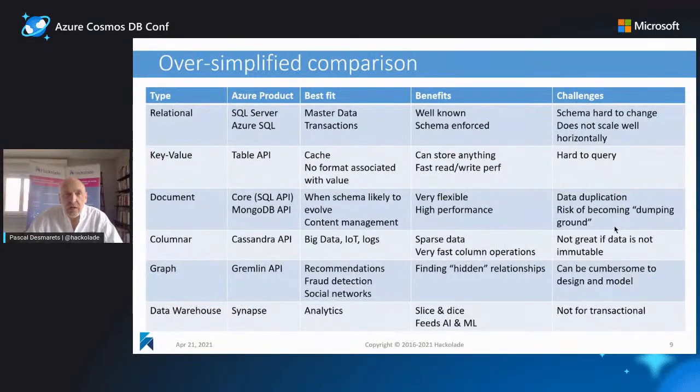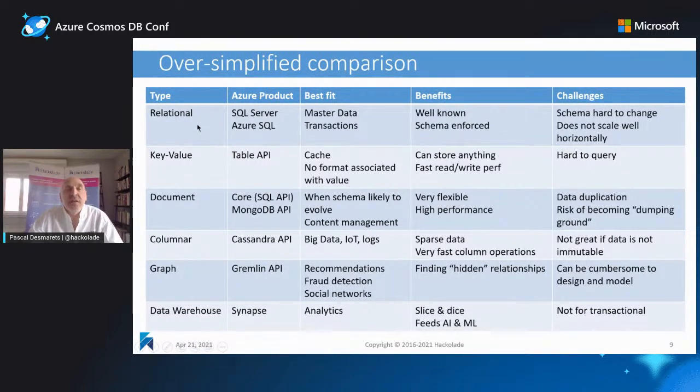So, in this table, which is a bit of a caricature, we have a comparison of all of these technologies, and what makes one better than the other on specific use cases. But it goes to show also how one technology cannot fit all and is not, in absolute terms, better than the other technologies.